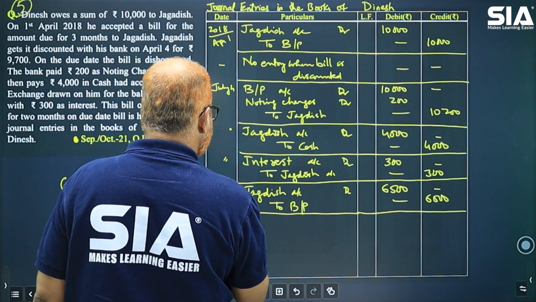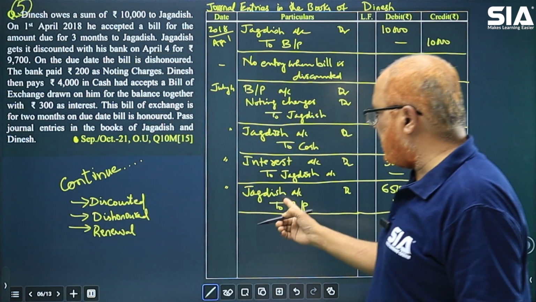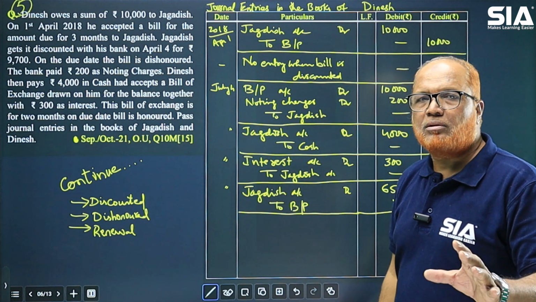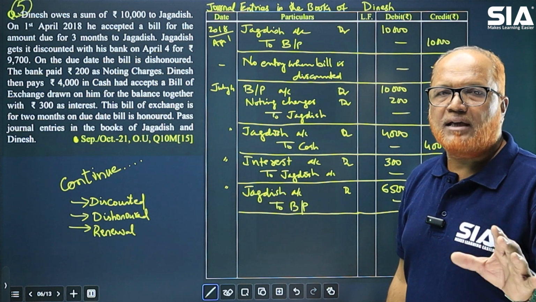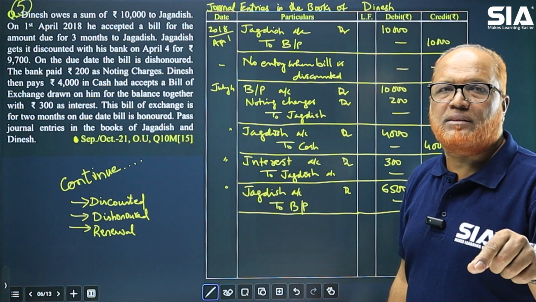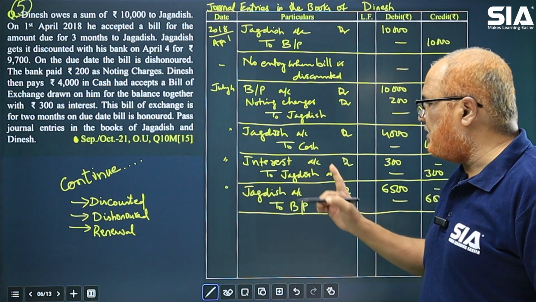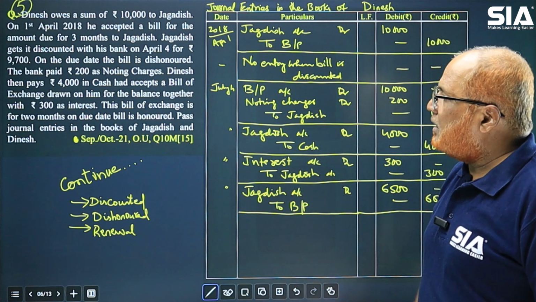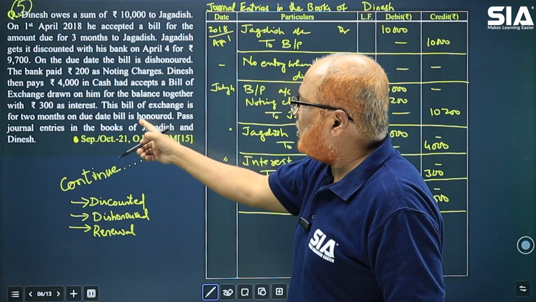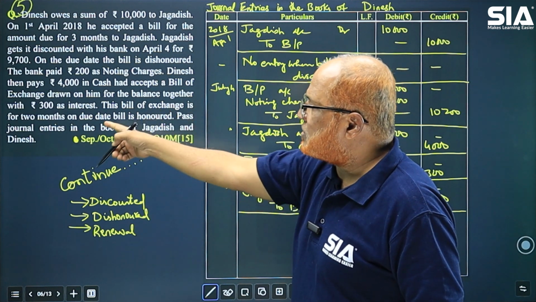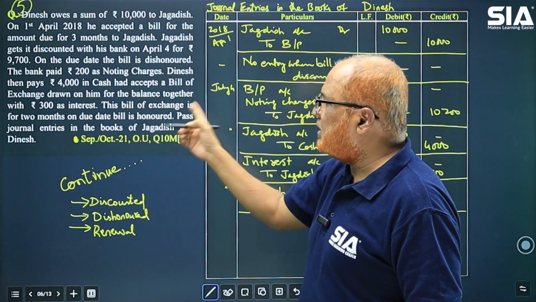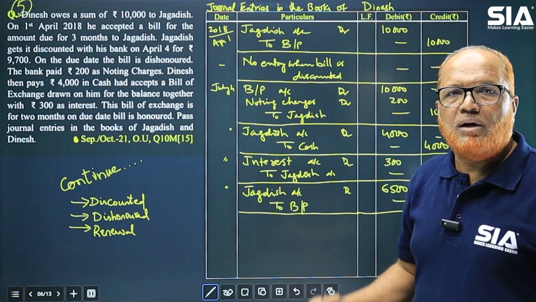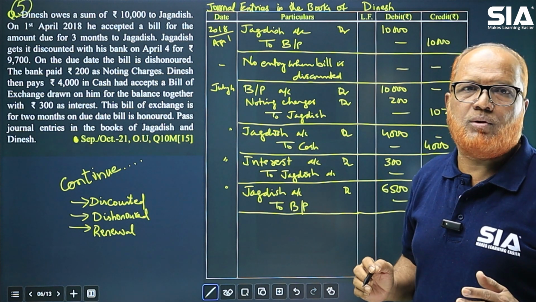So here the same date, 4th July, a new bill. Narration: being the new bill accepted along with noting charges as well as interest. Got it? Now, the new bill was honored on the due date. This bill of exchange is for 2 months and on the due date, the bill is honored. Honored means he has paid the amount.